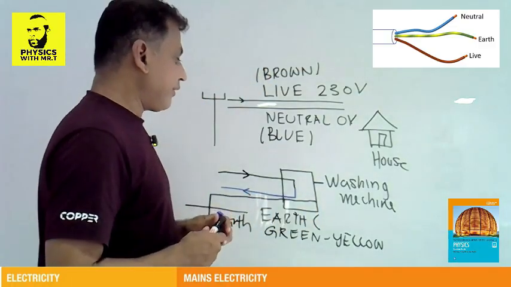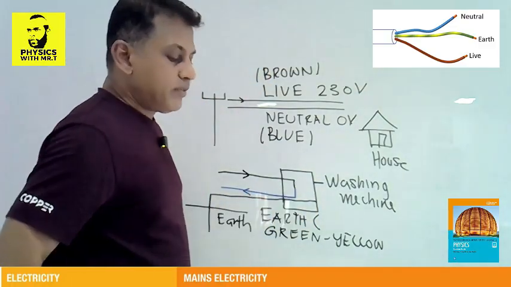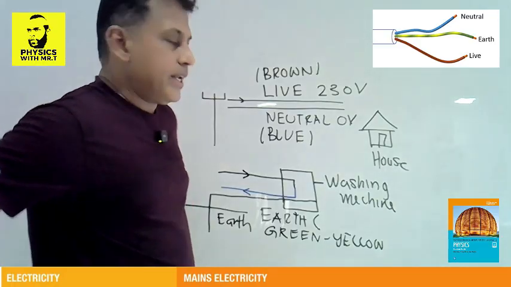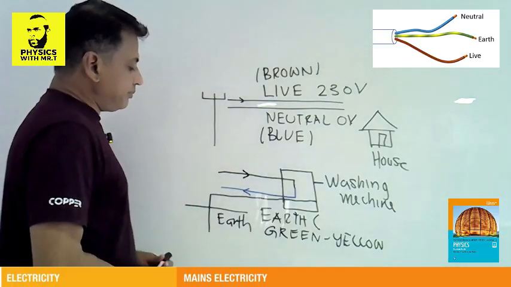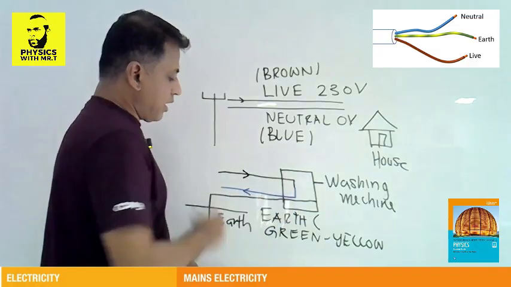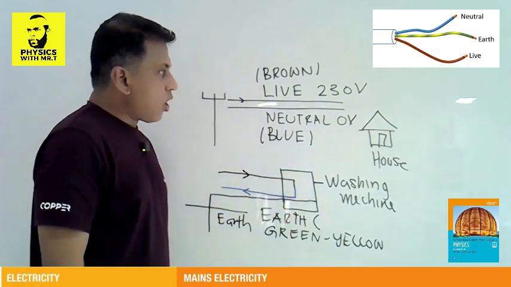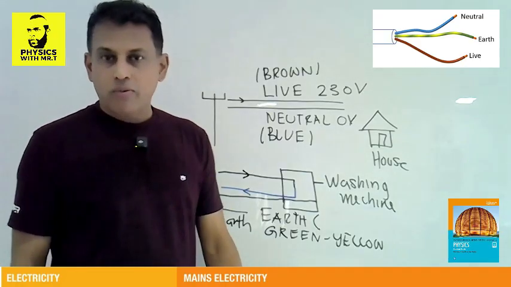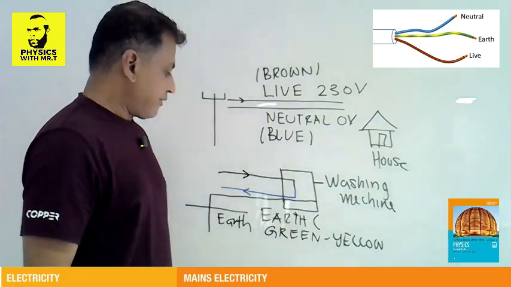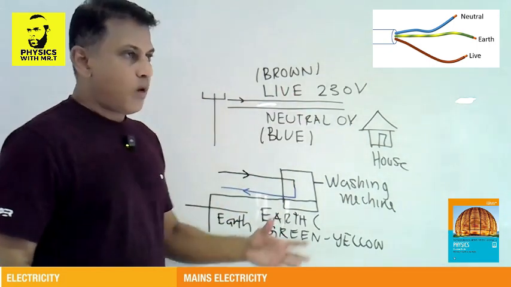So that's the earth, right? Why we need earth, we're going to consider later. In this way we can complete the circuit, and we can use the energy of this electricity to operate the washing machine, right? So that's called 3-core wires.